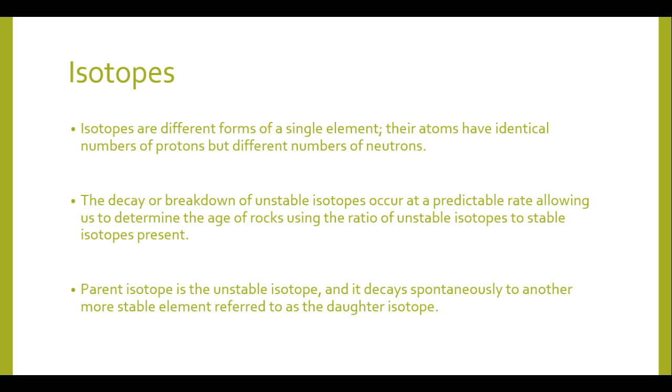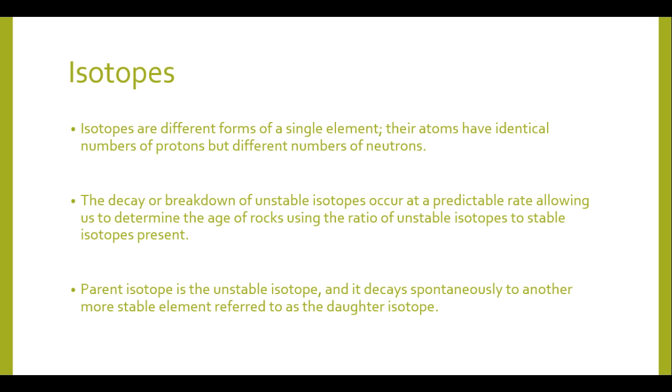The decay or breakdown of unstable isotopes occurs at a particular rate, allowing us to determine the age of the rocks using the ratio of unstable isotopes present in a sample to the stable isotopes present within the sample.